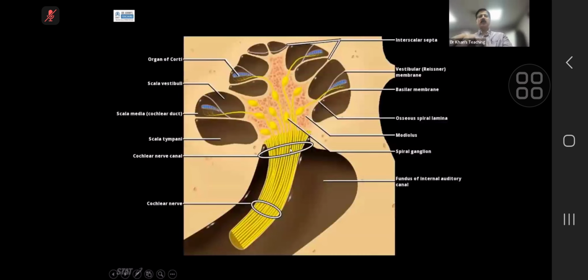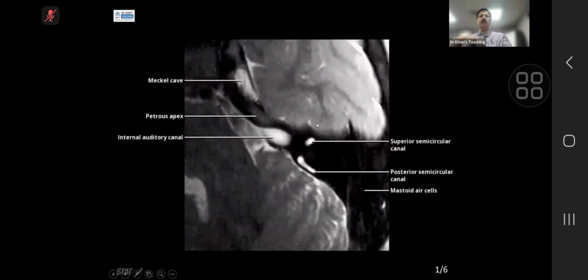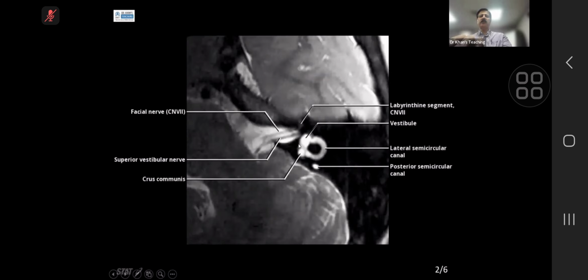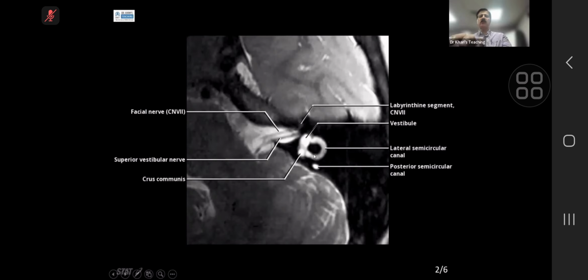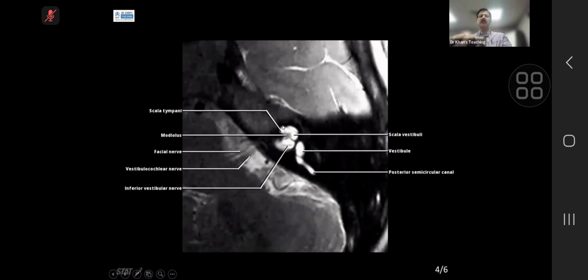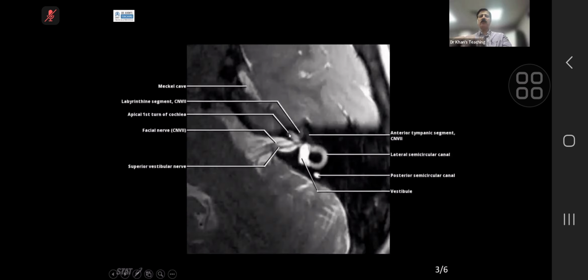So this is a diagram that shows you the microscopic structure of the cochlea and the nerve going in. This is the flower we are talking about, a few MR sections. Now, if you see here, this is the lateral semicircular canal, and this is the flower, which is the cochlea.